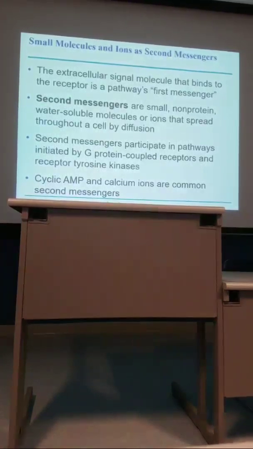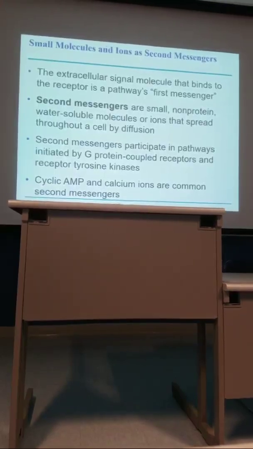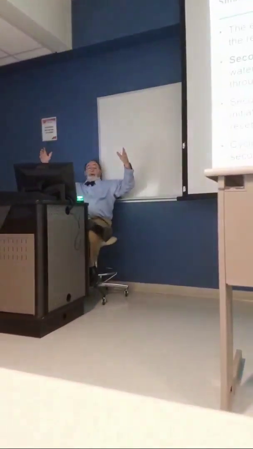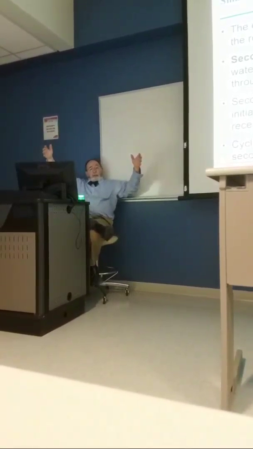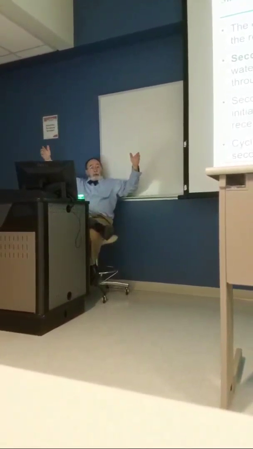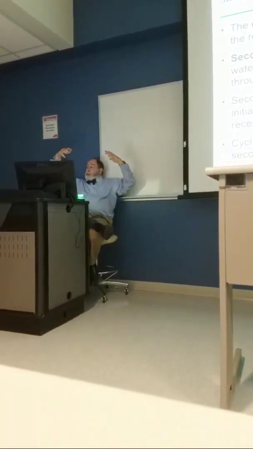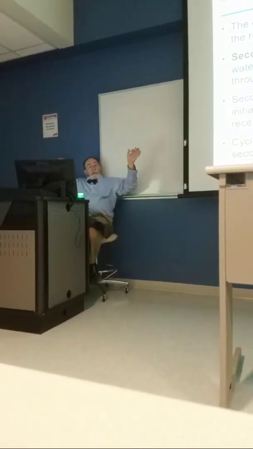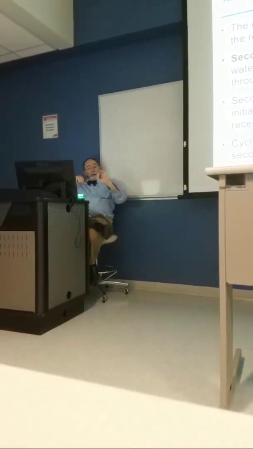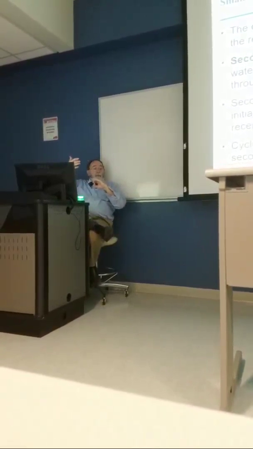Now, here's where we're at. Cells on the membrane usually will have a protein that will act as a receptor. When that receptor is stimulated by a ligand, that molecule that will fit to the receptor and cause the signal to start, that's the reception part.